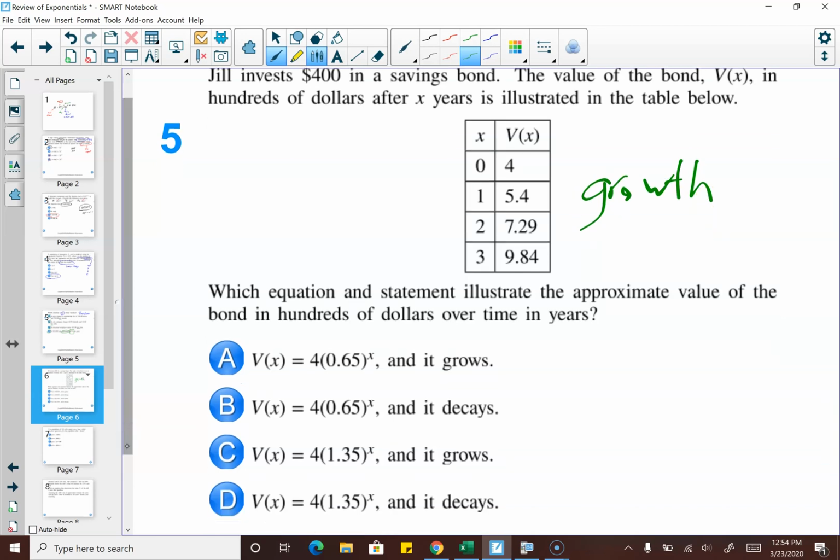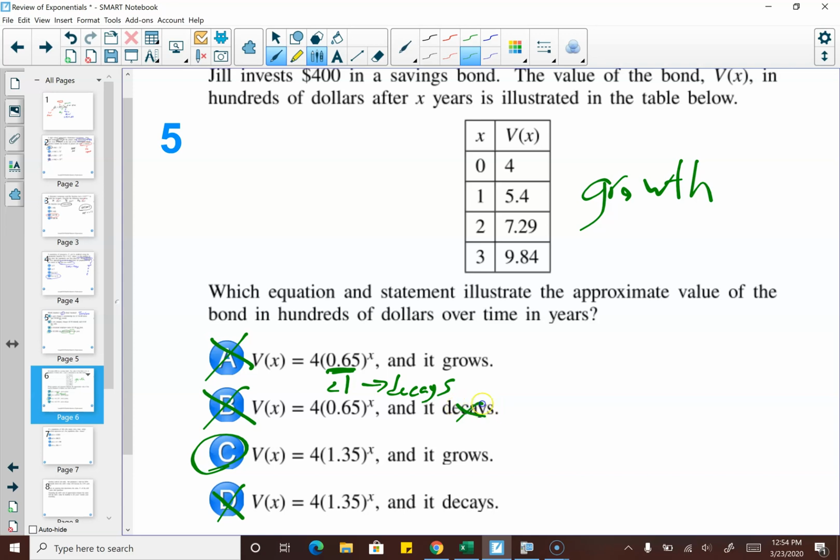So right then and there, we've got choice B and choice D are out. The next thing we're going to do is plug each of these equations into your calculator, or look at the fact that if you're less than 1, that means it decays. So obviously that one's out, and the only one that makes sense is choice C.